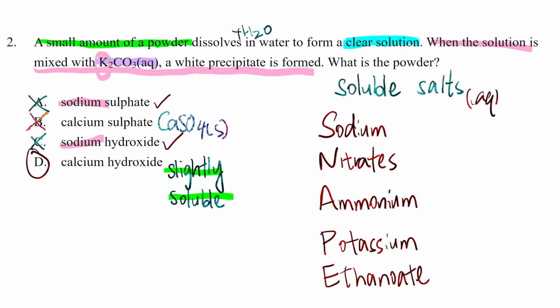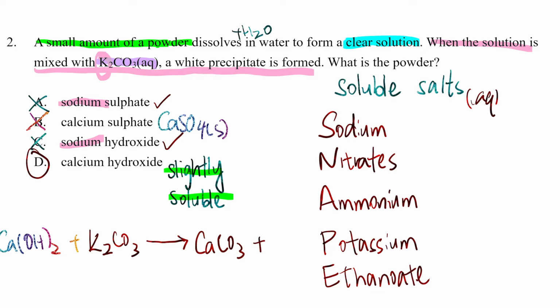And I'll write the equation for you so that you can actually refer to it at the same time. So calcium hydroxide, Ca(OH)2, you reacted with potassium carbonate, which is K2CO3. Okay, and then you'll form calcium carbonate.